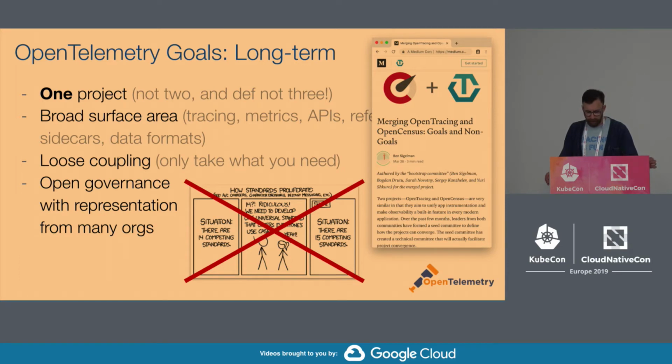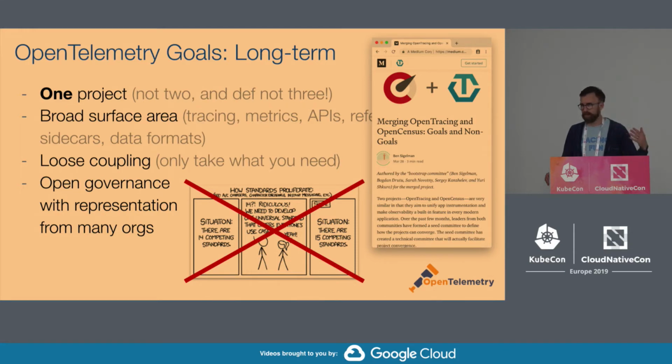I also want to mention the governance structure for OpenTelemetry has been modeled pretty explicitly after the Kubernetes governance. We have 9 seats in the governing committee. There are limitations on how many seats can be occupied by a single vendor or project.